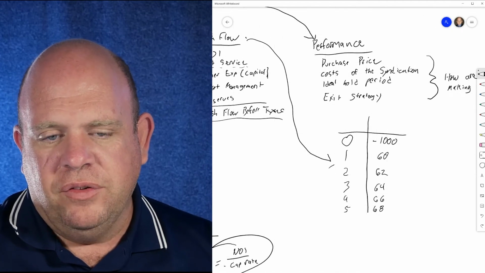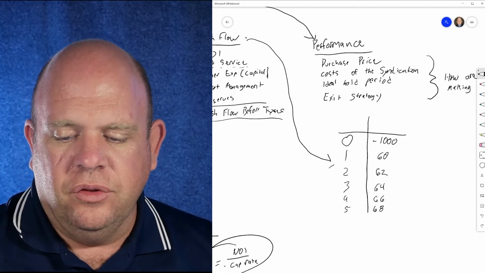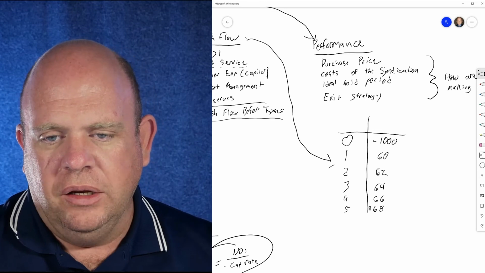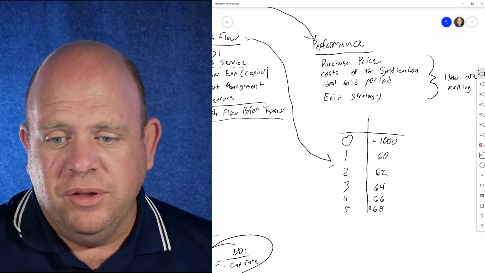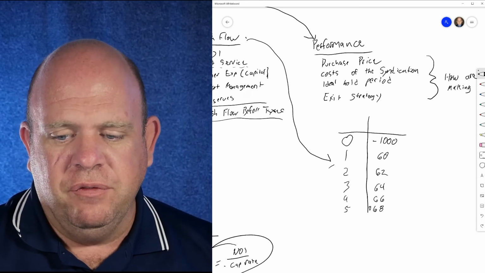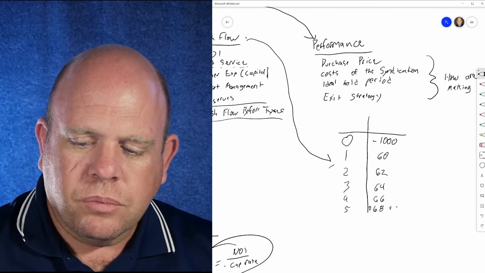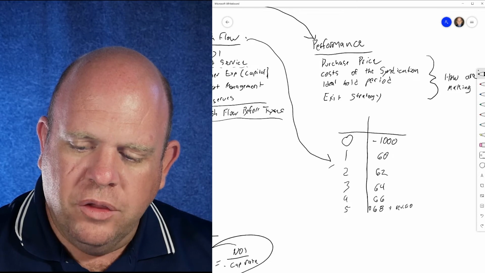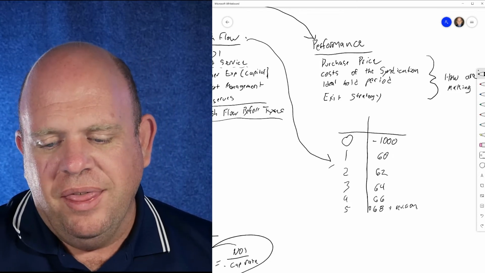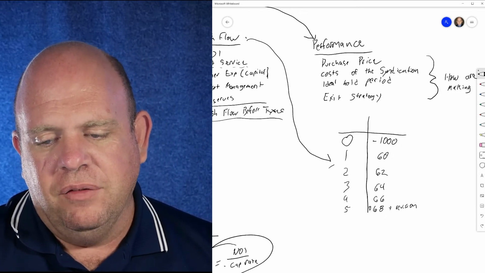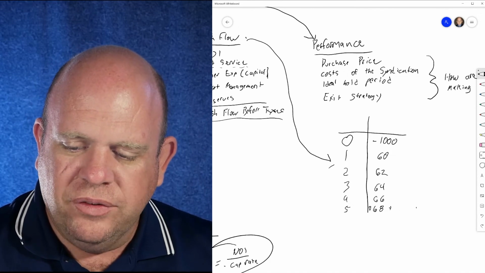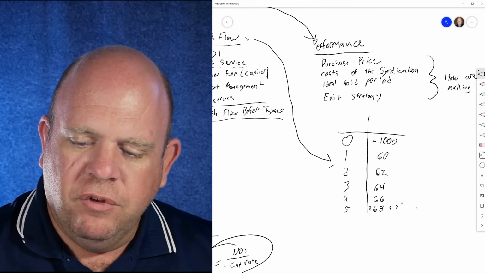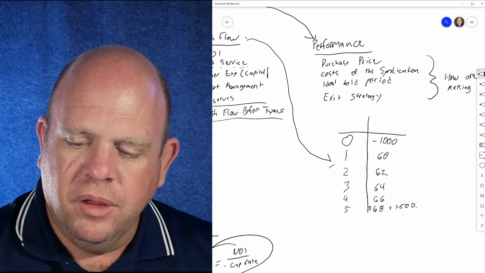Okay, so now we've decided that it's $68 is the cash flow in year 5, but there's another piece of cash flow because we decided this was a 5-year hold plus the reversion. So once we sell the property, that money also goes back to the investor. And so let's say we sell that for $1,500.